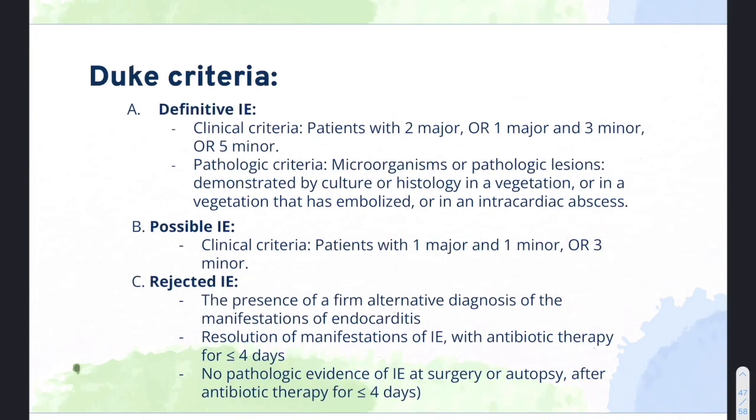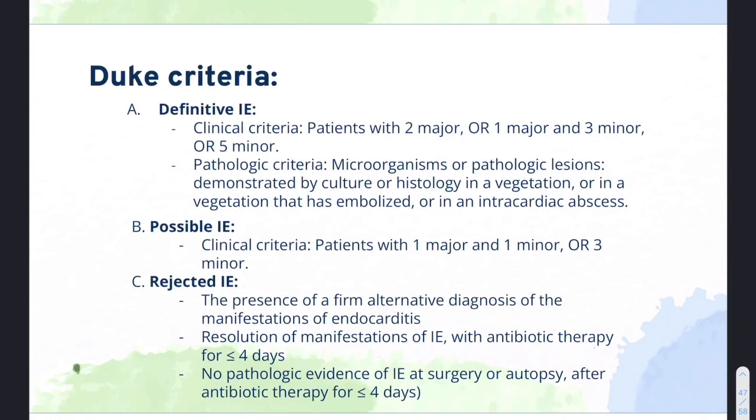Finally, we have rejected infective endocarditis if the clinical criteria didn't meet the definite or possible criteria, or if there was a firm alternative diagnosis explaining the manifestation of infective endocarditis. If there is a differential diagnosis other than infective endocarditis, it might be rejected, say nonbacterial thrombotic endocarditis.